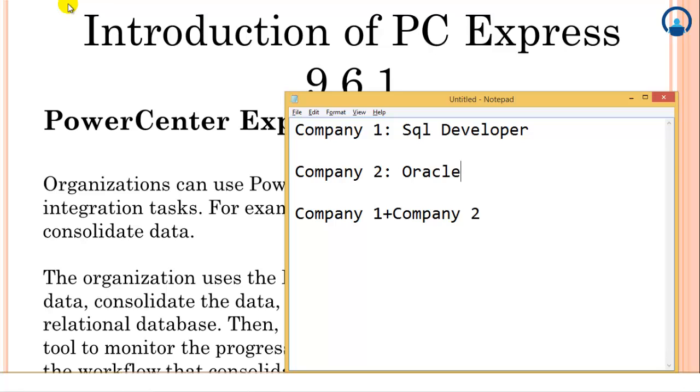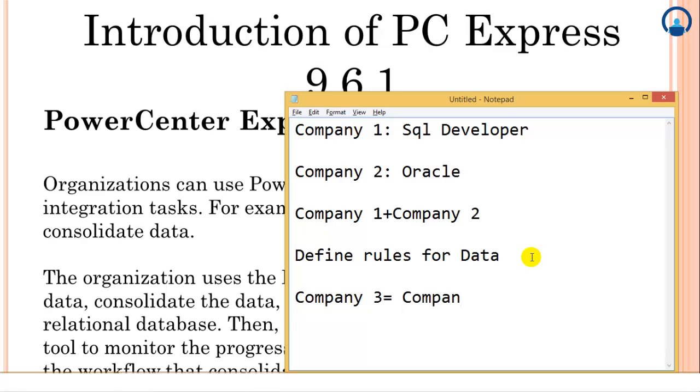So at that particular time we use the ETL tool, that is PC Express 9.6.1, where we define certain standards and rules for data, so that when we are taking the data from company 1 and company 2 and merging, we apply these rules, so we get a particular set of data with the specification which has been defined, and then we can load it into the final database, that is company 3, in which we have the combination of data of company 1 and company 2.